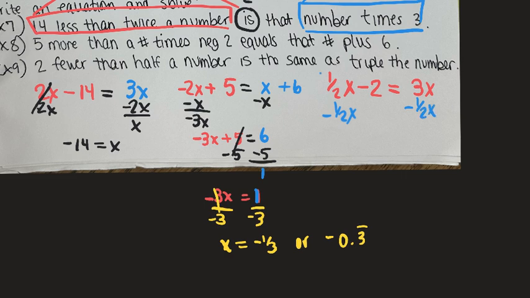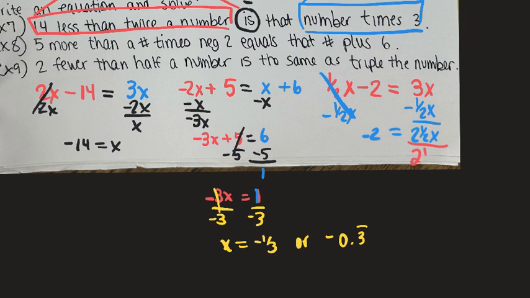Subtract 1/2 x. 3 minus a half would end up being 2.5. 2.5x equals negative 2. Okay, now I've got to get this guy gone, so I have to divide by 2.5. So I come over here and divide by 2.5.